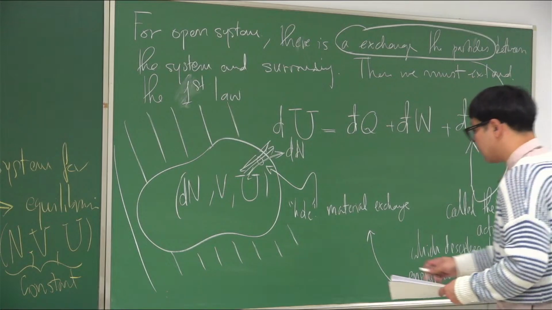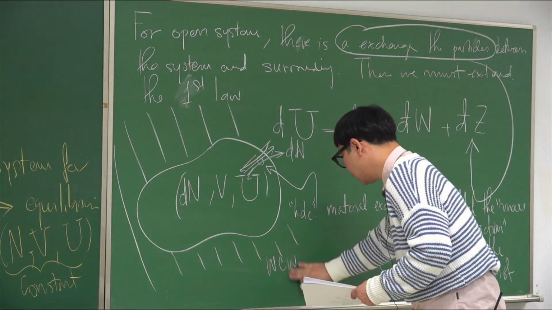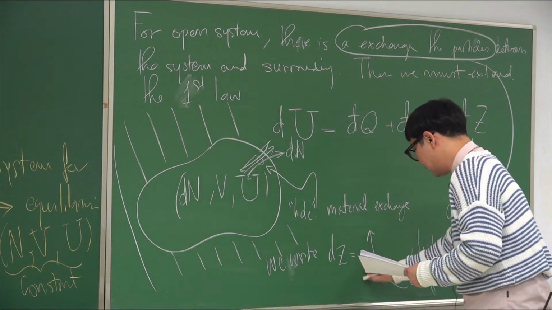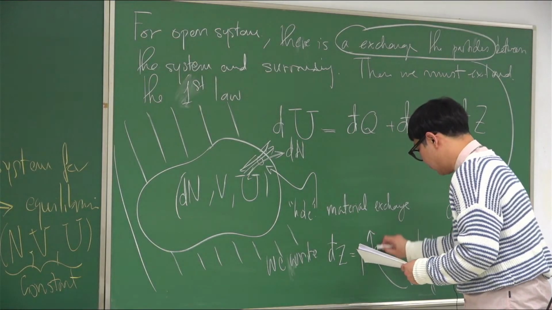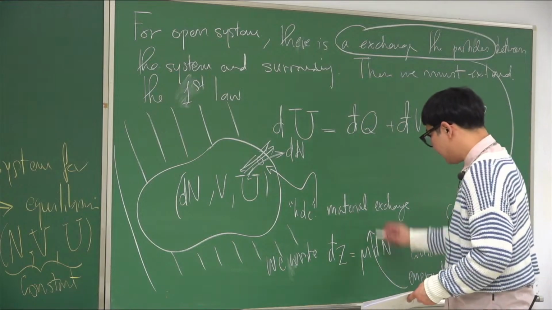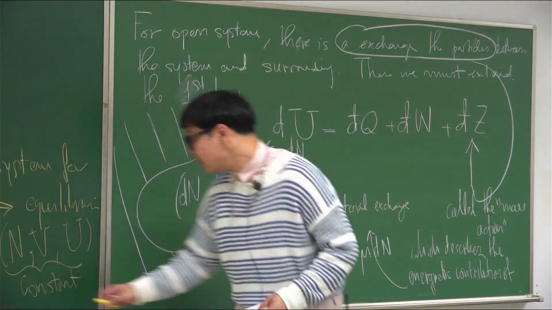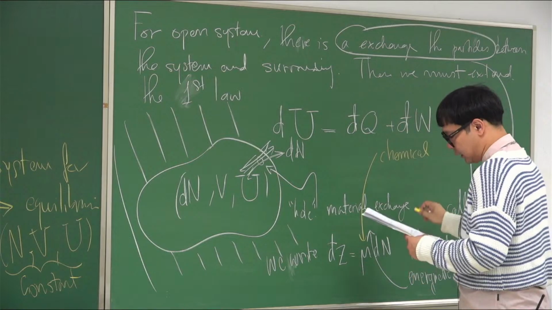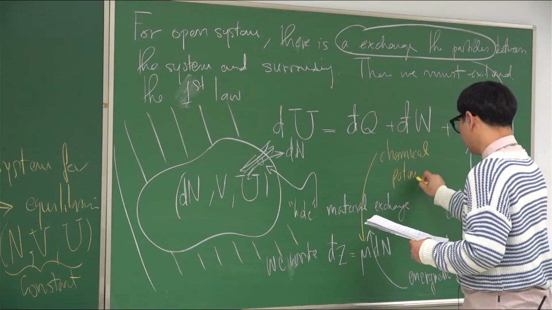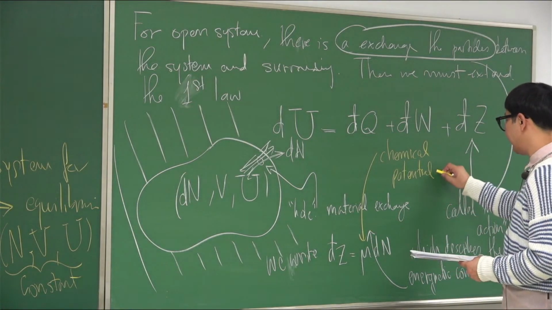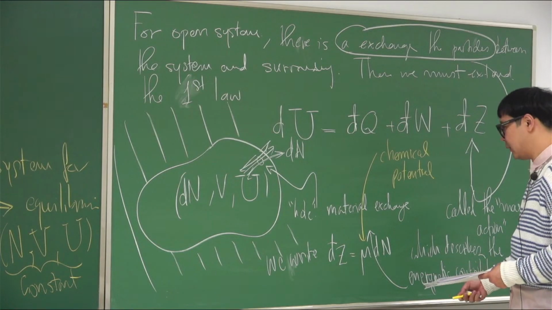So now we write this quantity in terms of this mu dN. This constant is called the chemical potential, which depends on the type of particle, right?